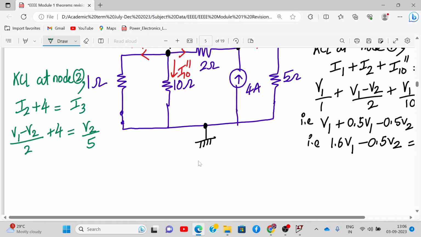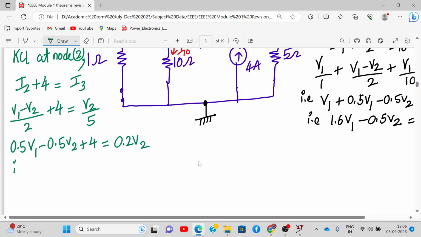You all agree with this? Yes, sir. Then you write in fractional form: 0.5 V1 minus 0.5 V2 plus 4 is equal to 0.2 V2. So solve this, you will get 0.5 V1 minus 0.7 V2 is equal to minus 4.